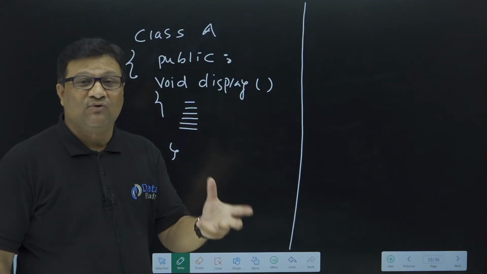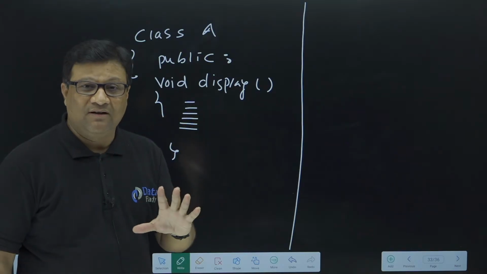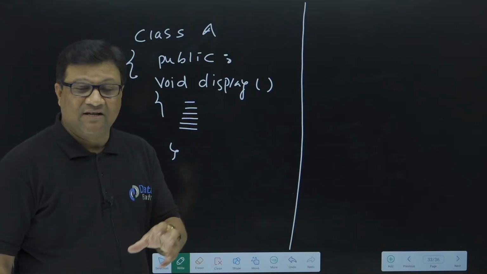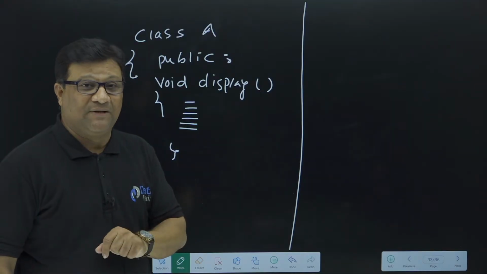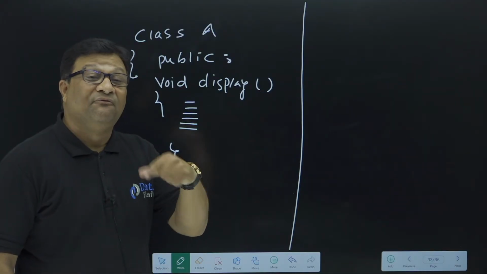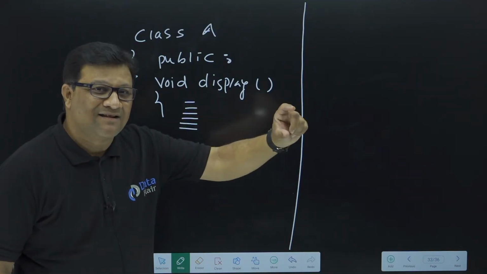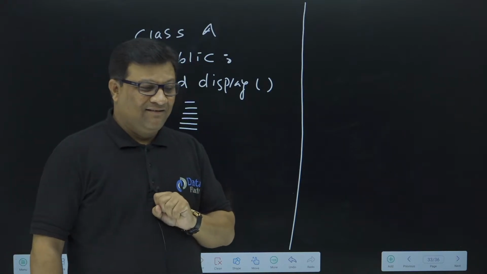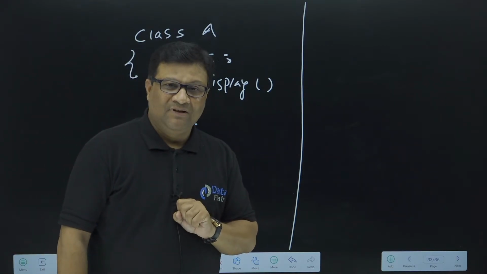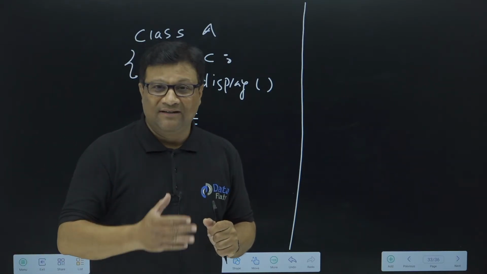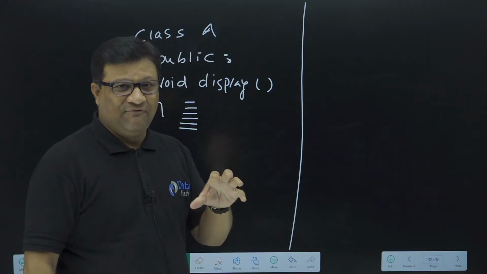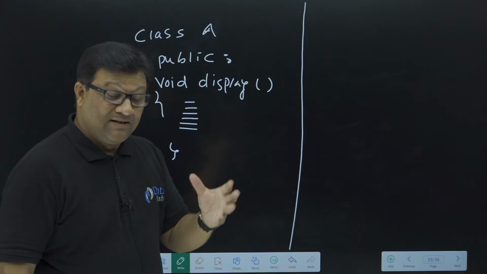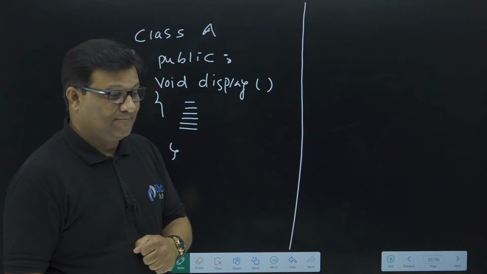If you define a function inside a class in C++, this function is by default called dash dash dash. If you have a background in C++, then please answer me.